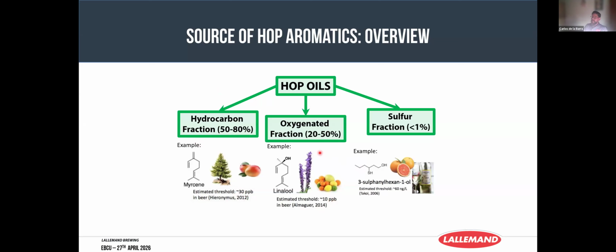The oxygenated fraction, we'll talk about these in the first step of the talk, can be up to 50% on hop varietal, and the sulfur fraction is as little as 1% or even lower, less than 1%, and they have a very low sensory threshold, which isn't necessarily a bad thing. We'll get into that in more detail in a few slides.